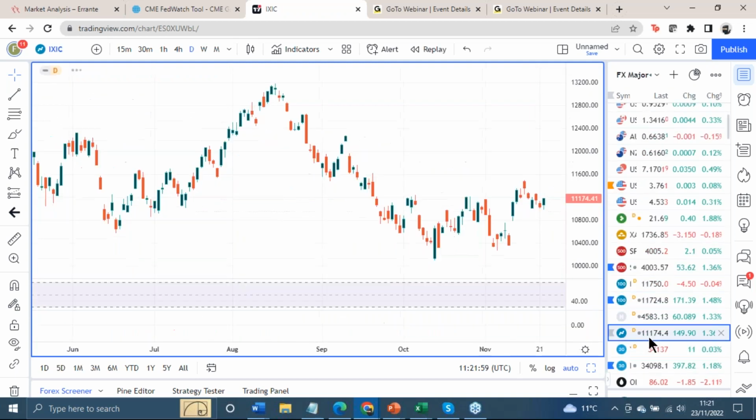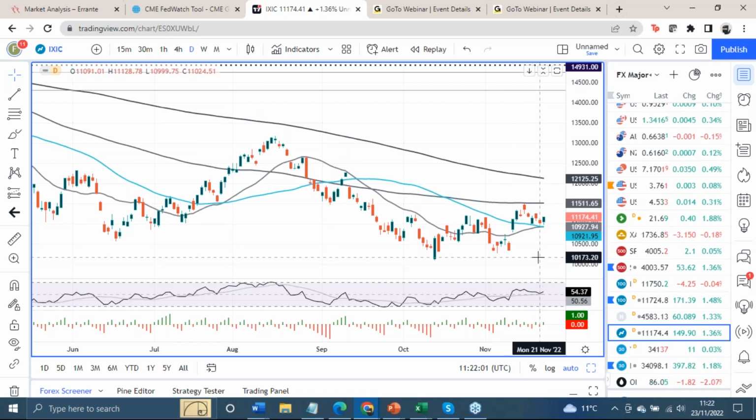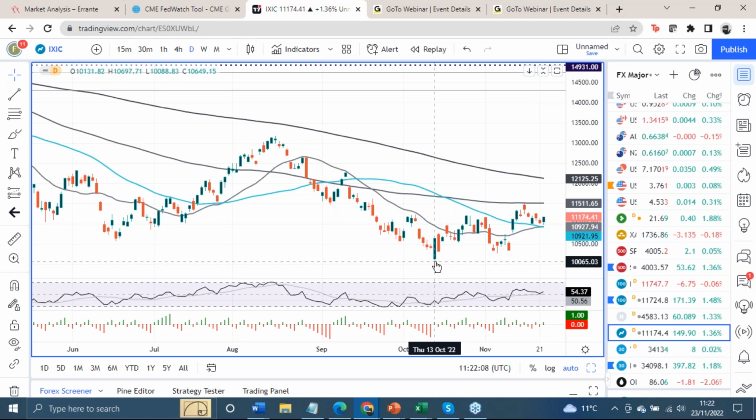Then let's look at the Dow. You can see a decent move off the lows. The lows in October, just above 10,000 on the Dow. And we're now up to around the 20% level, the rebound from those lows.